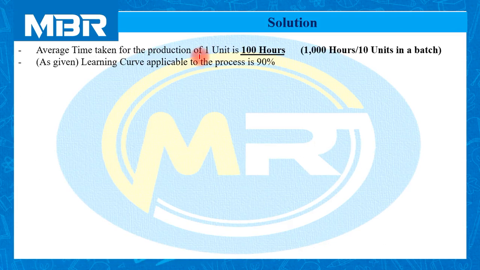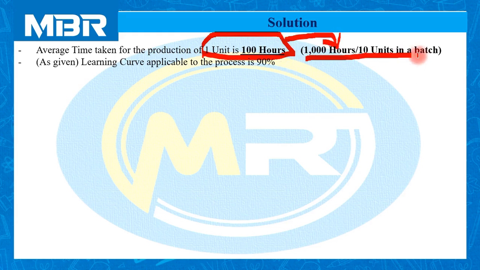Average time taken for the production of one unit is 100 hours. We have derived this figure from the information given in the question. We have produced 10 units in a batch, and for the manufacturing of 10 units, we are in need of 1000 labor hours.